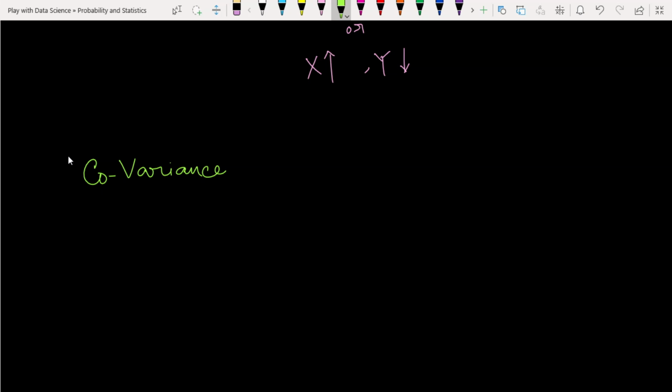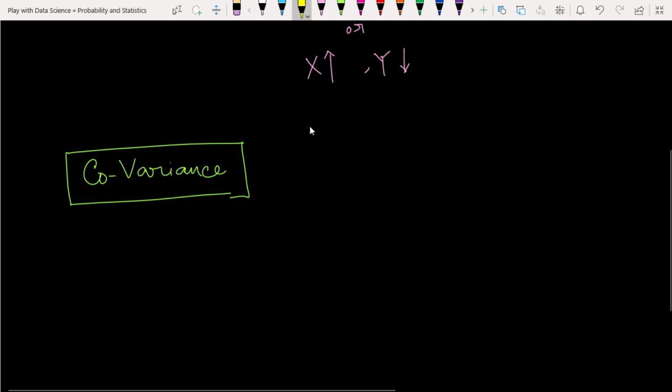There are also some drawbacks of this concept. To develop on the covariance concept, we have built a theory called the Pearson correlation coefficient concept.